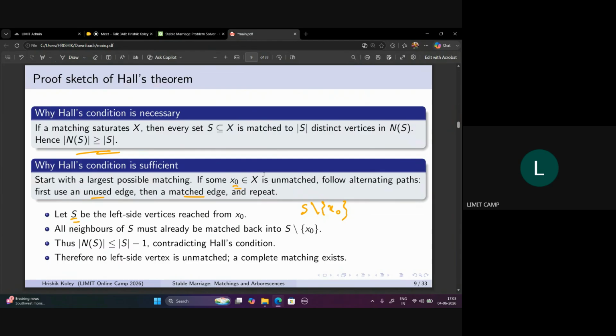But according to our assumption, that is not happening because it's not a perfect matching. So we get a contradiction: the cardinality of N(S) will be less than or equal to the cardinality of S minus 1. And thus you will see that this contradicts Hall's condition, and so a complete matching, or rather a perfect matching, must exist.